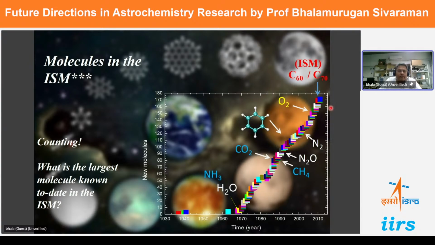Even in the year 2010, they found fullerene C60. So it's a large molecule. But even this year, 2024, just a month ago, they reported the pyrene molecule, which is close to making the molecules of life, such as the nucleic acids and amino acids and so on. Pyrene has been discovered, cyanopyrenes have been discovered.